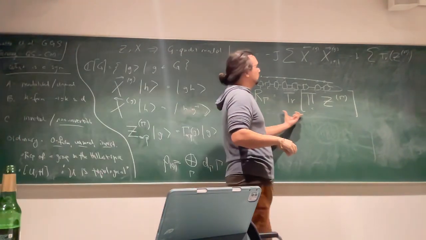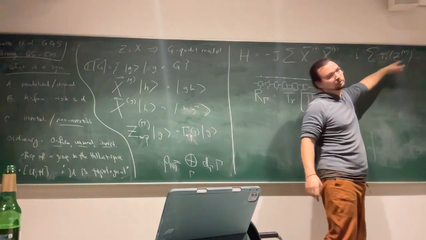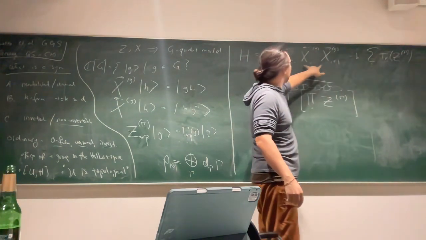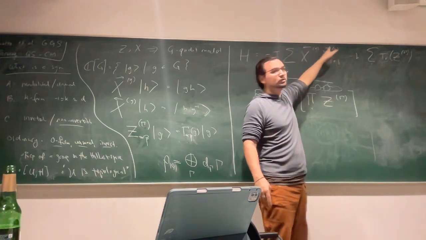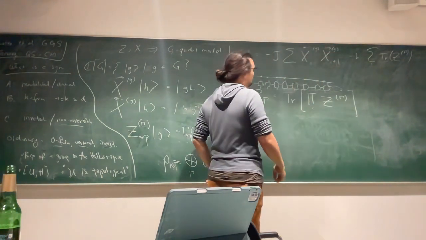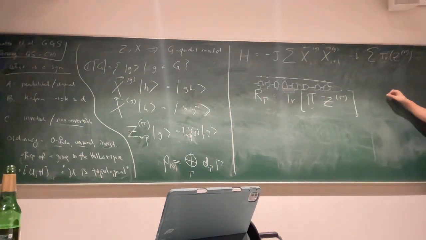So this operator commutes with this Hamiltonian. In particular, it commutes with this term, obviously. But it commutes with this term because I chose a very particular right multiplication and left multiplication. And the reason it commutes is because I have a basis for my total Hilbert space, which is given by specifying G1, G2, G3. I specify one group element on every site.